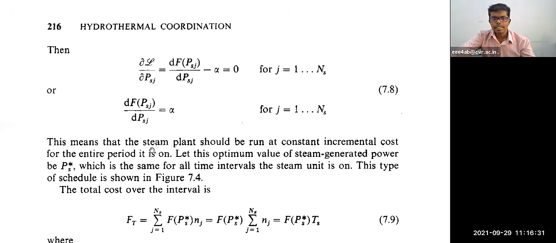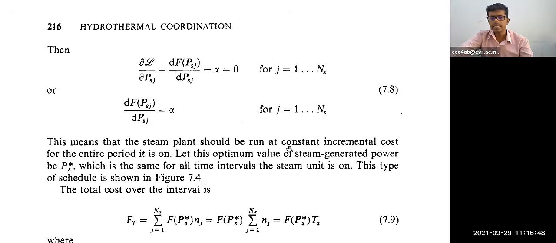So this means that the steam power plant should run at a constant incremental cost for the period of time it is on. Let this optimum value of steam generated power be ps star.